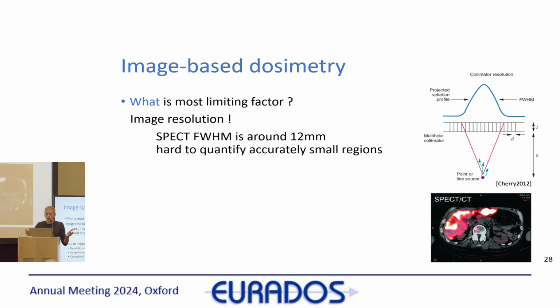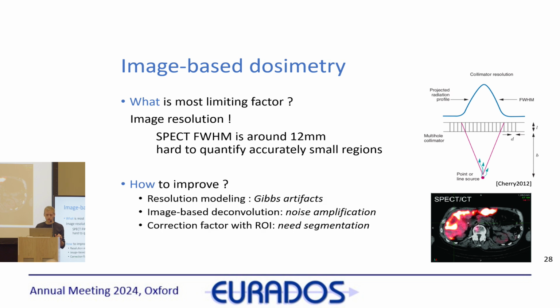There are several ways to improve those issues. Most commercial reconstruction software uses resolution modeling included in the reconstruction in order to decrease this uncertainty. It works well, but it gives rise to Gibbs artifacts that show some strange hypo and hyper signal in the images.